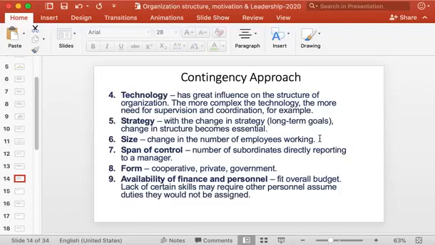If the number of employees needs to be increased, or increased due to increased number of hierarchy, then the organization structure would need to be changed accordingly.